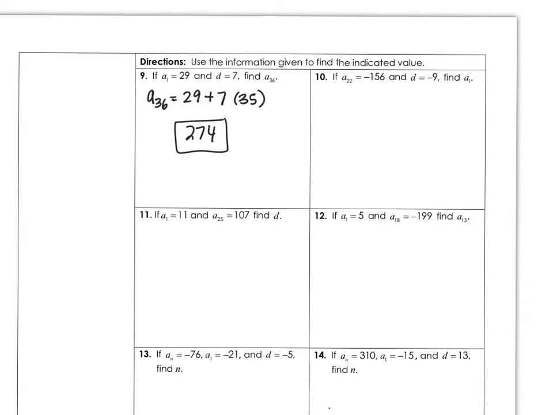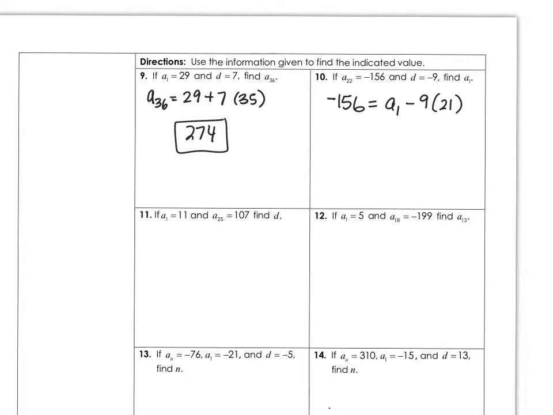See the next one. Oh wow, this is kind of going backwards, because notice they're giving us a sub 22, but we need to find the first term. So the 22nd term is negative 156, and that's equal to the first term minus 9 21 times.